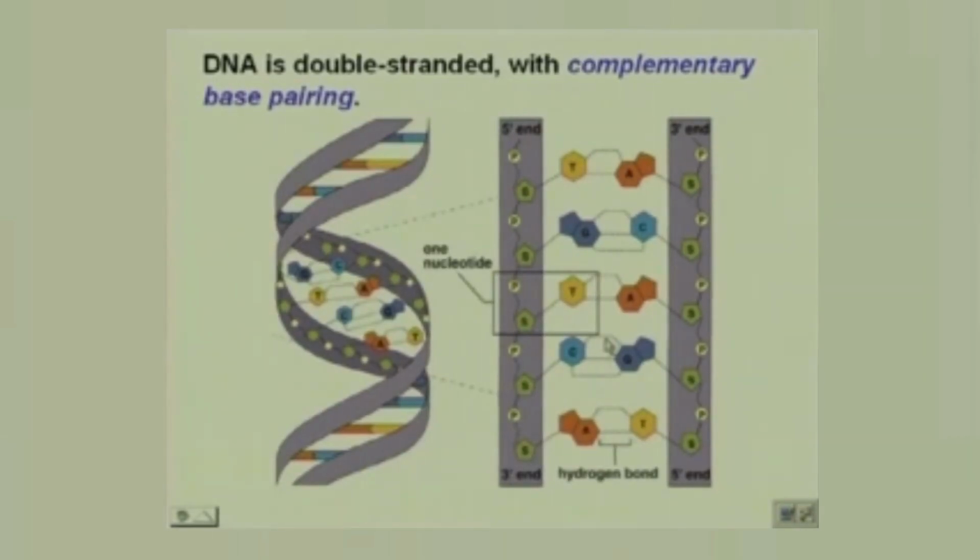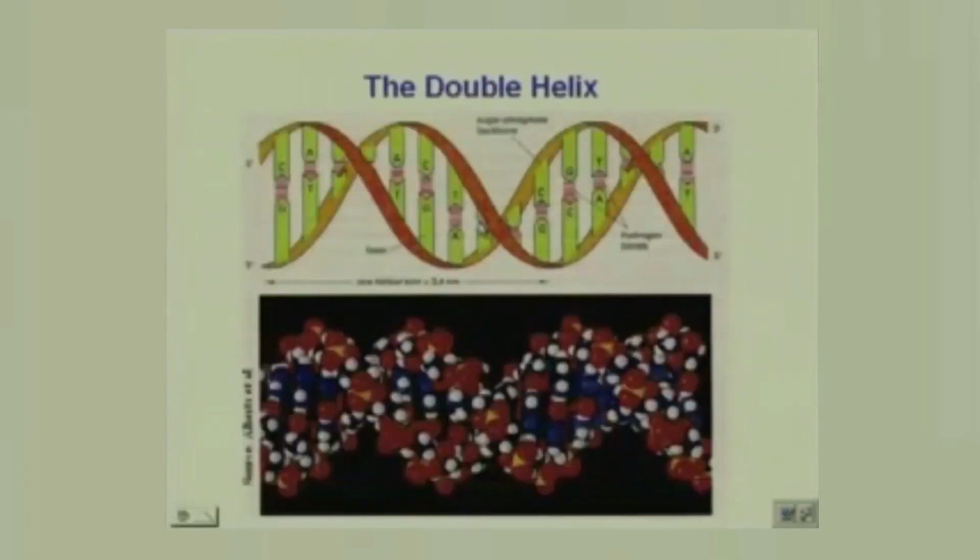And what do we have? We have complementary base pairing, 2 hydrogen bonds for AT, 3 for GC. So this is what it would look like. We have a sugar phosphate backbone and we have the bases. Now, when we look at this double helical structure, we see that there is a large gap here, alternating, right?